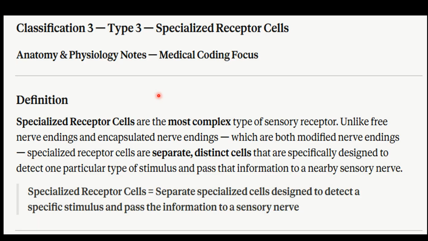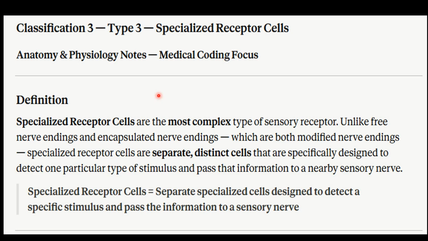Firstly, we will go through the definition. What is the definition of a specialized receptor cell? This type is the most complex type of sensory receptor.